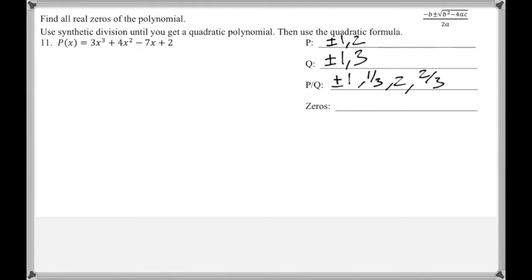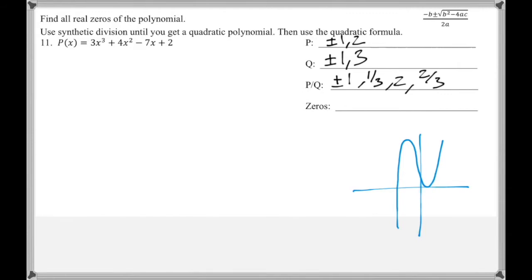So if you graph this, then your graph looks something like this. And it looks like this is bouncing off here.